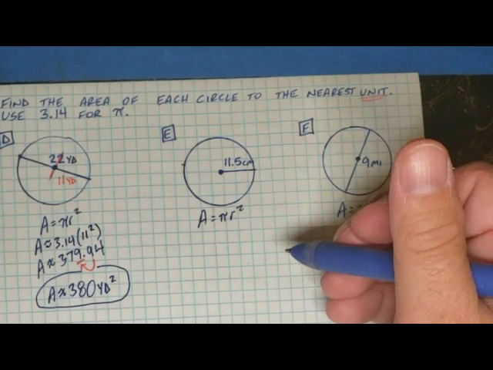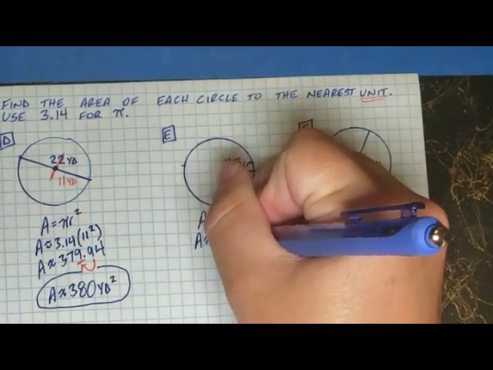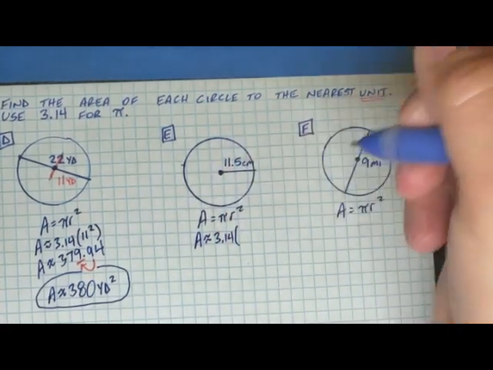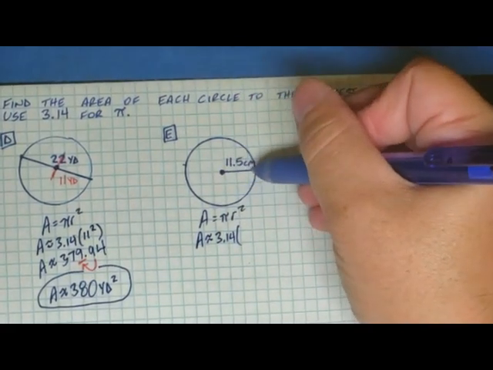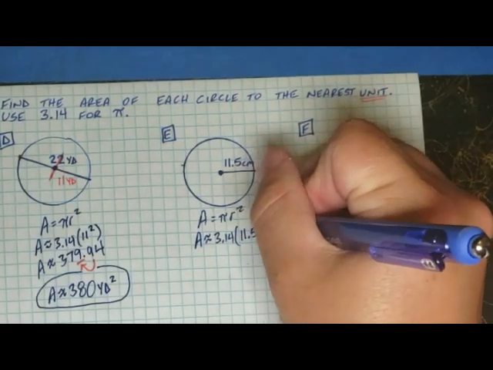Letter E, A equals pi r squared. A is approximately 3.14 times, and this line only goes halfway across, so it is the radius, 11.5 squared.